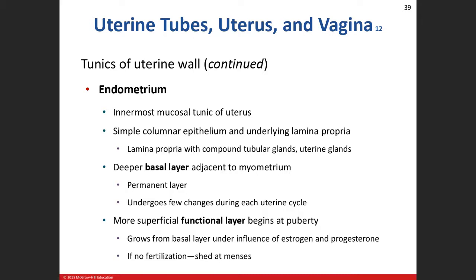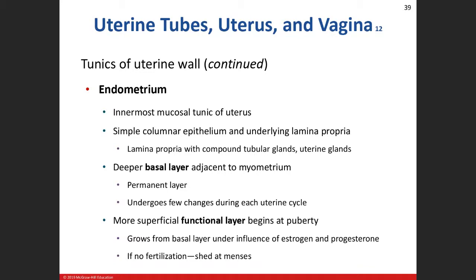And then the innermost layer, the endometrium. What's special about the endometrium is that you've got 2 layers on the inside that are going to play a role when we're talking about menses.